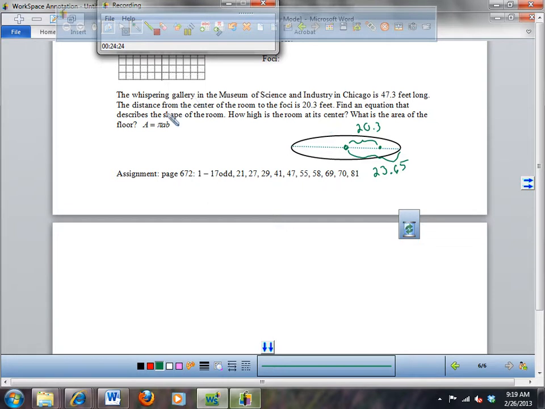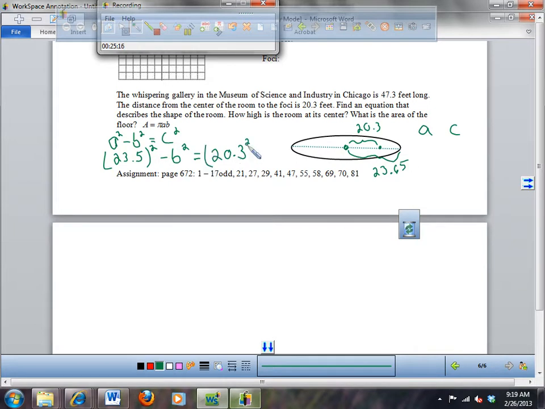Okay? So then it says, find an equation that describes the shape of the room. Well, I know A, and I know C. Now I have to find B. So you know that A squared minus B squared equals C squared. So I just plug in. I get 23.65 squared minus b squared equals 20.3 squared.